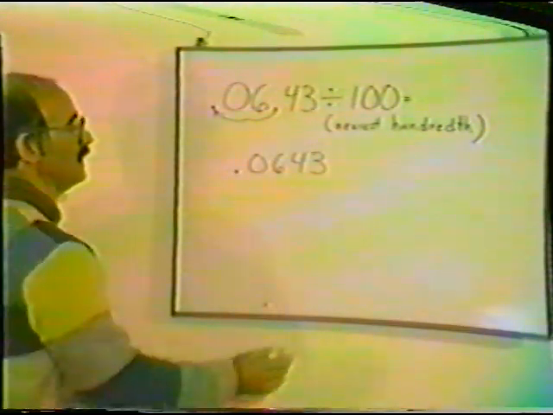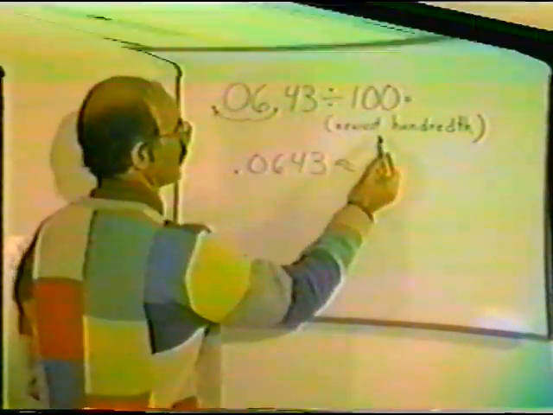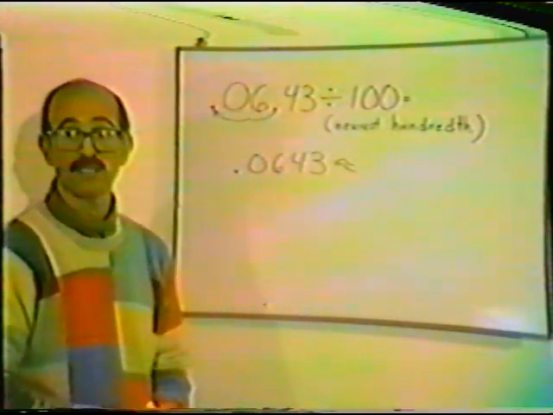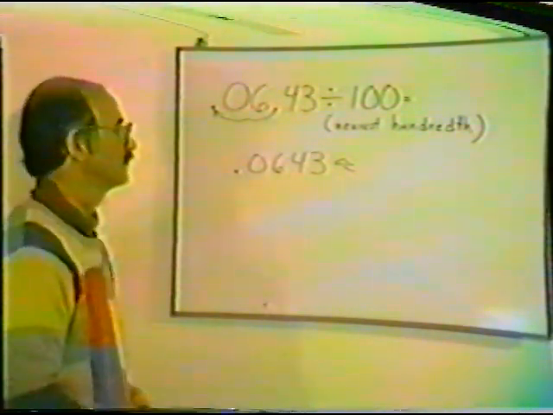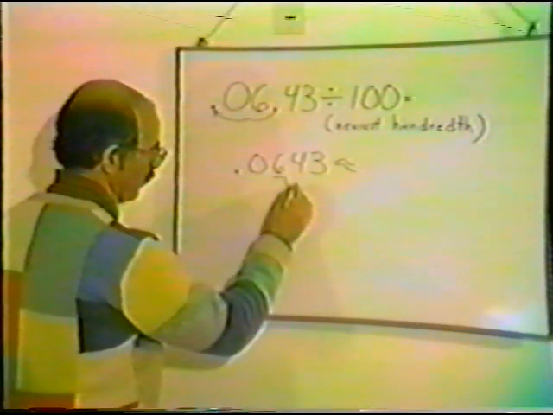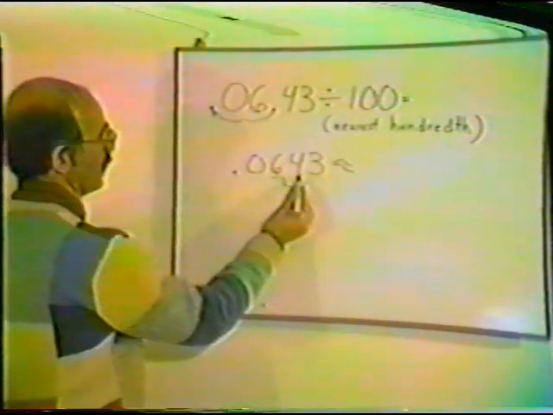0.0643. But it needs to be rounded off to the nearest hundredth. Which number in that answer is in the hundredth place? The 6. We underline the 6 and point to the 4, which is in the place just to the right of it.